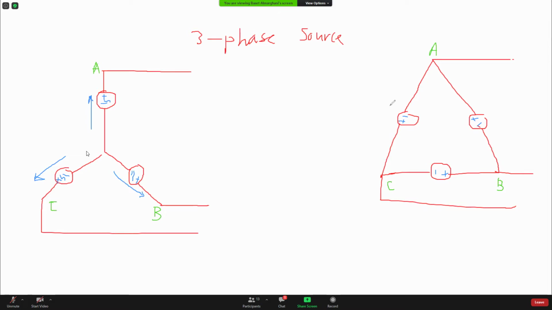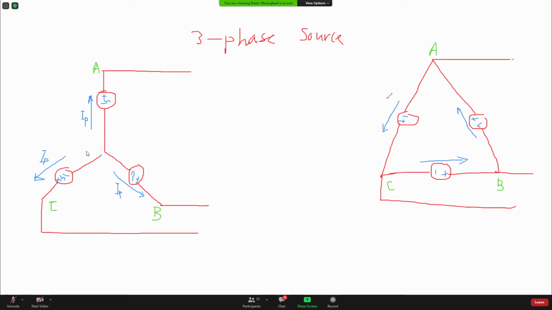And there is a phase current going through this source like this. And there is current going here. Look at the polarity of the voltage source, and it is like this. So this is I phase, the first one. This is I phase here, the second one. This is the third one.